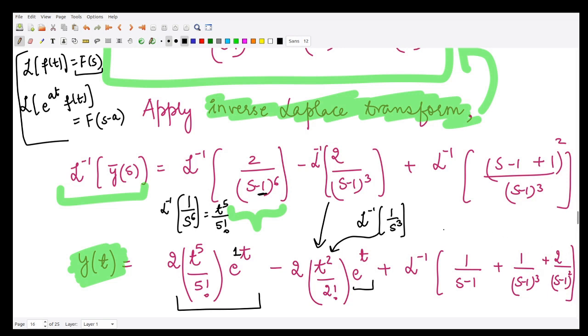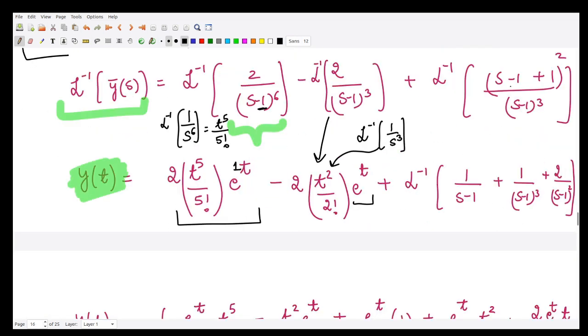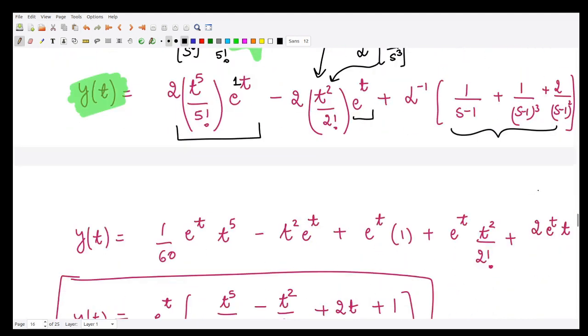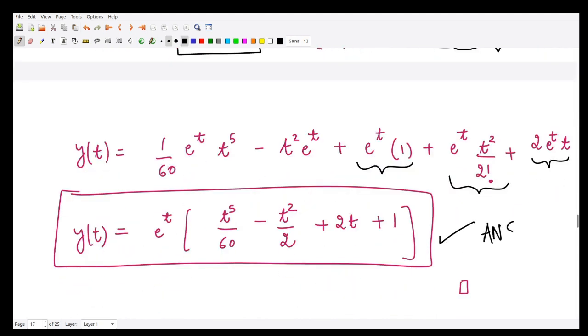So here, in order to make the denominator and the numerator equal, we write s as s minus 1 plus 1, so that when you open up the square, you obtain these terms cancelled out. So now it is very easy to calculate their Laplace inverses. The Laplace inverse for the first term comes out to be e to the power t into 1, then e to the power t into t square by 2 factorial, and then 2 e to the power t into t, again using the first shifting property. So this is the final answer of the given third order linear differential equation.